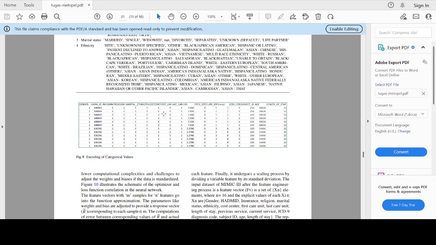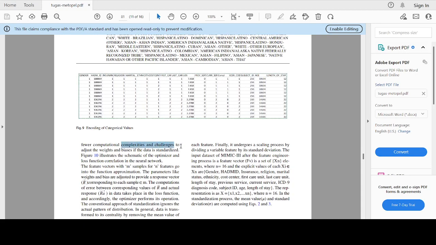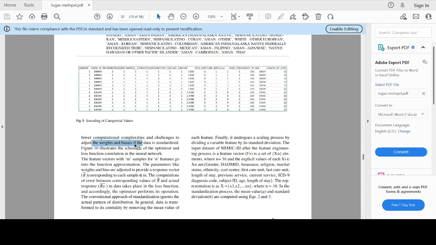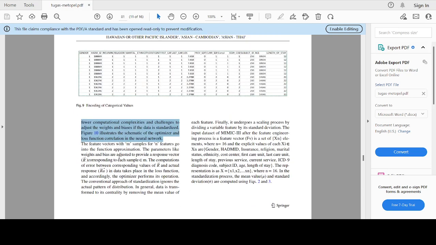I predict the accuracy won't be high because this is many categorical data, and I don't think there is any linear correlation between these data, but we will see. There are few computational complexities and challenges to adjust the weights. Basically it's said on how we computed the data and the scaling process.